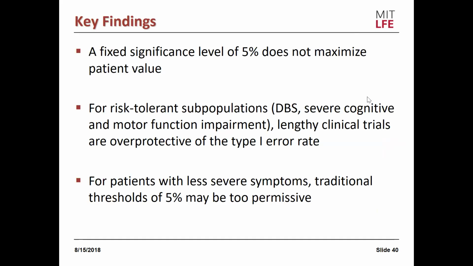On the other hand, for patients with less severe symptoms who tend to be more risk averse, the traditional threshold of 5% might actually be too permissive. This might be especially the case when the investigational therapy, like neurostimulation devices, has a substantial risk profile.